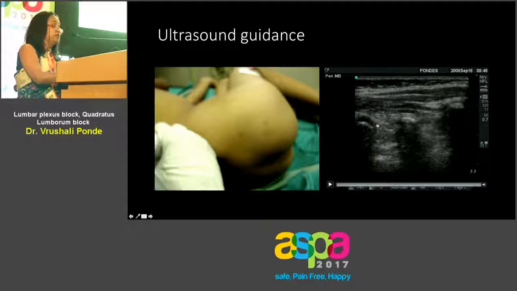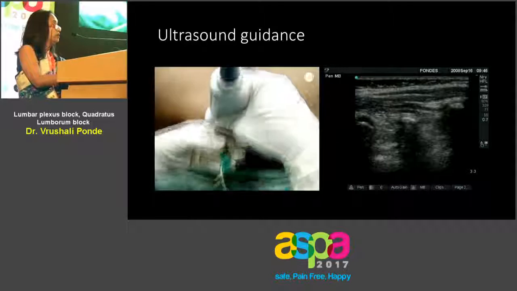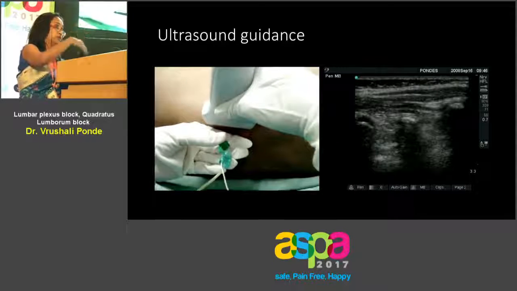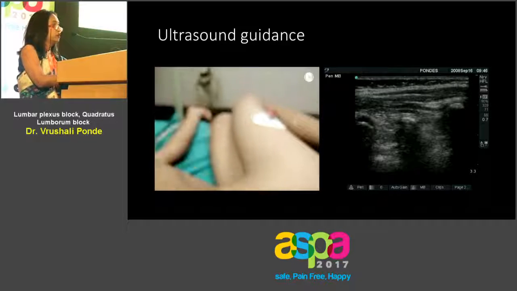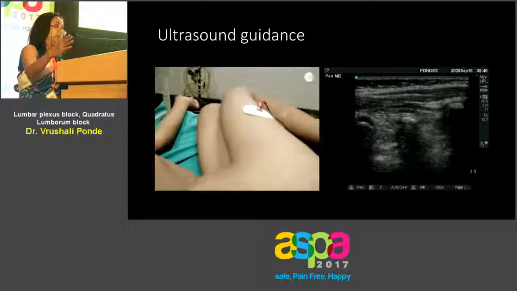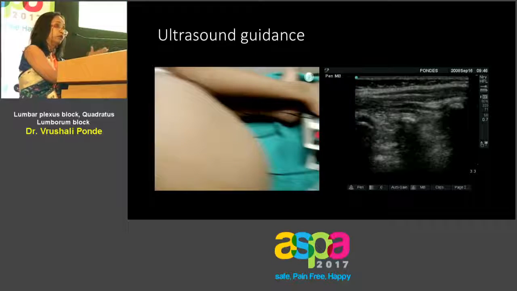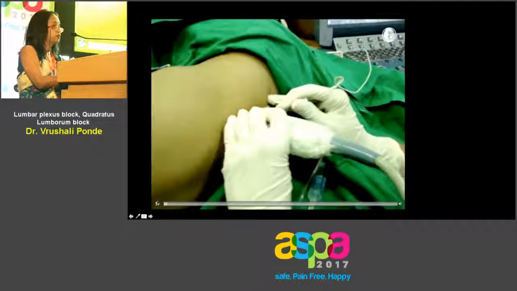The anterior side is the psoas. We could follow the needle trajectory this way, so it's more of an aided block. So we are sure that we are not too lateral to hit the kidney, and we are not too medial to get into the epidural space. This could be done with an in-plane technique as well.